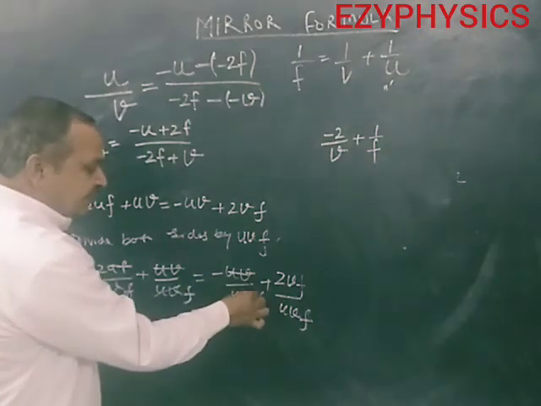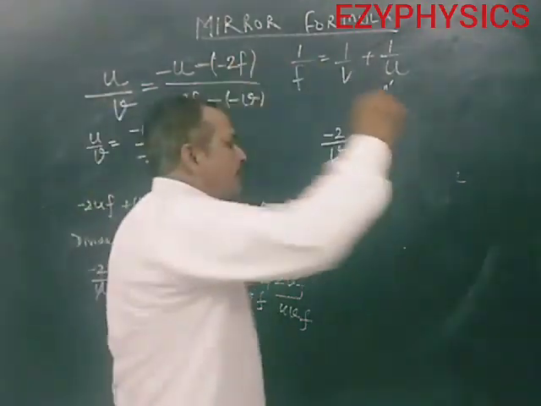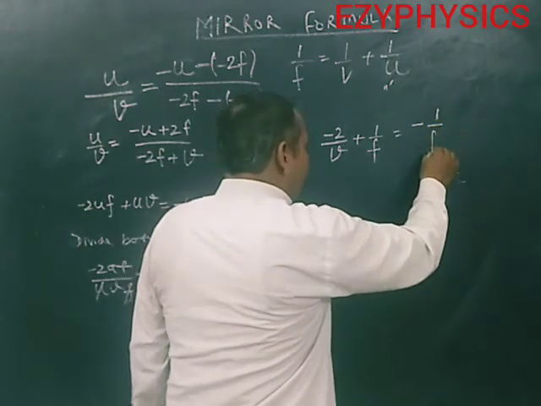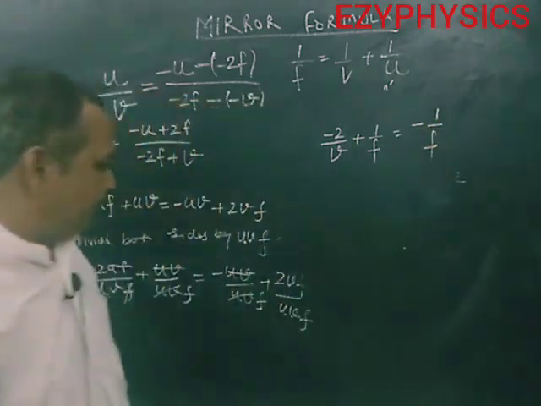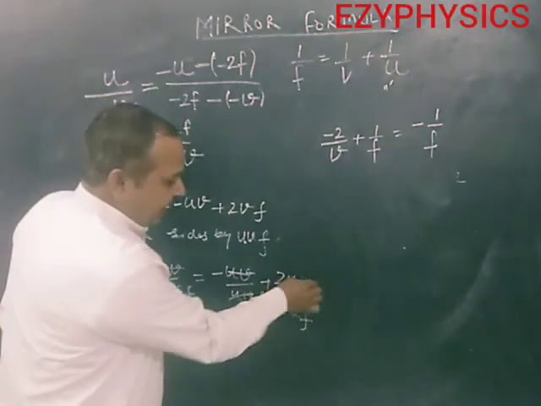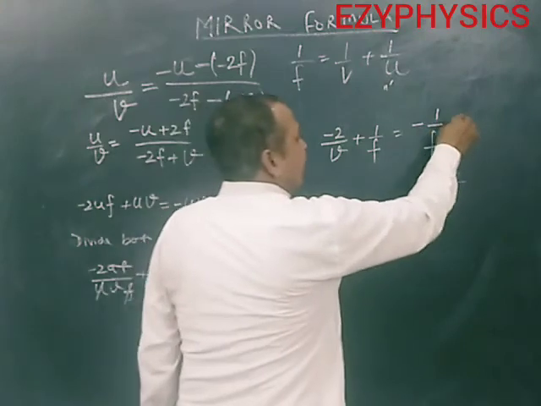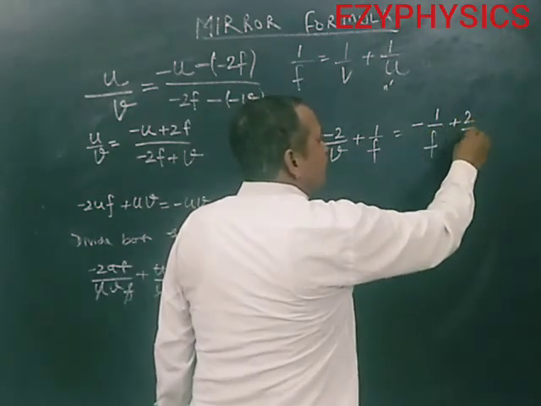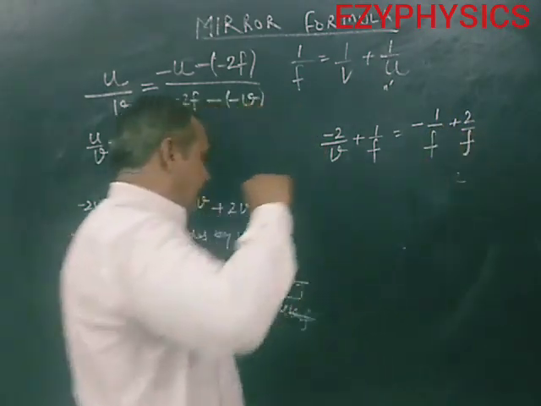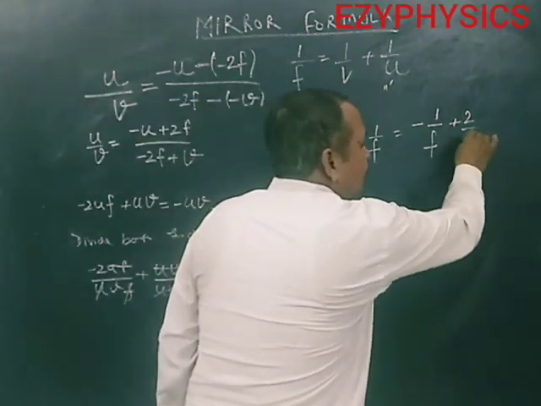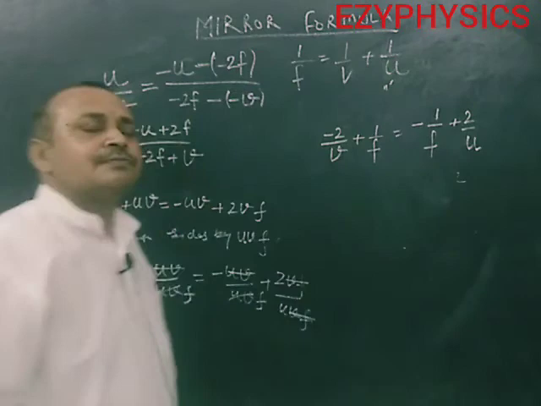This uv gets cancelled with this uv and I am left with minus 1 over f. And this vf gets cancelled with this vf and again I am left with 2 over f. Sorry, 2 over u, not f, 2 over u.